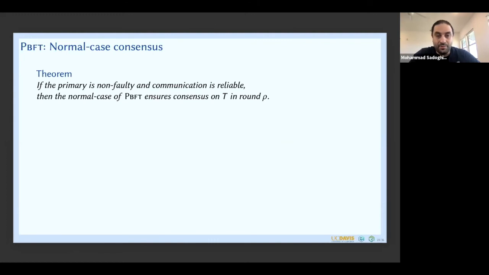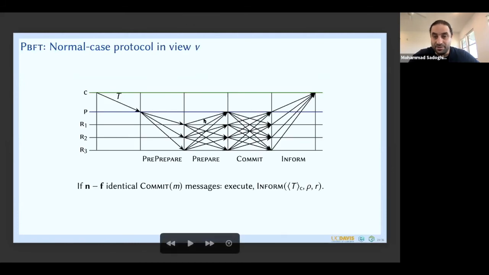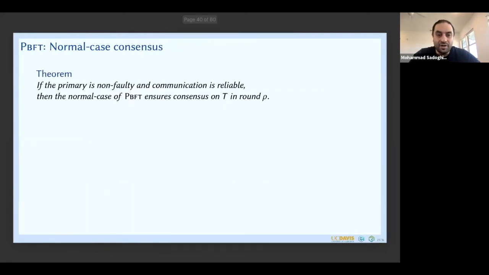So if the primary is non-faulty and the communication is reliable, the protocol can progress. It's possible that some of these prepare messages are simply not received. None of them could be received, or maybe only one of them is received just because the network is faulty. The network is dropping messages, maliciously or non-maliciously. But as long as the primary is not faulty and the communication is reliable, messages not being dropped and delivered in a reasonable amount of time, then the protocol can progress.